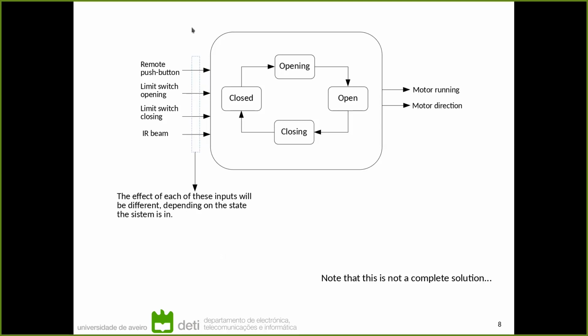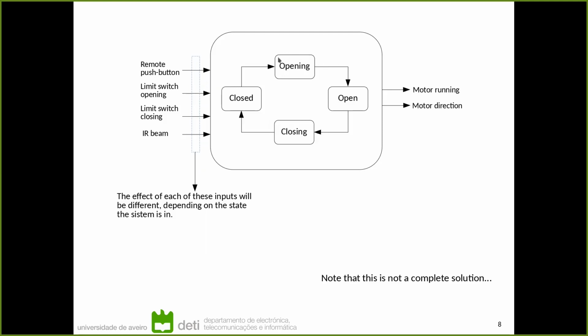So in this case, I consider as inputs the remote push button. When I haven't stated the conditions here, I can think that the system is closed. When I press the push button, it starts opening.